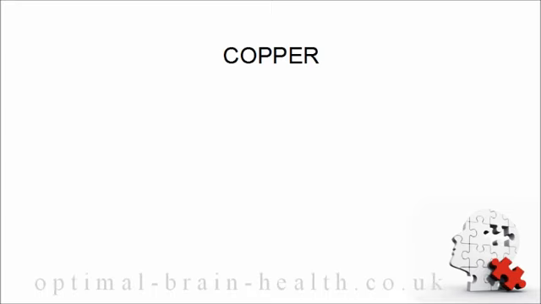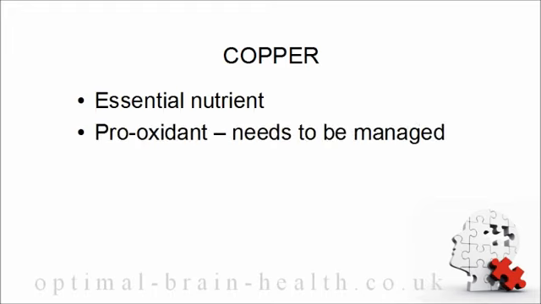Having touched on zinc, we need to have a look at copper as well, which, like zinc, is an essential nutrient, but one that carries certain liabilities with it, because copper is also pro-oxidant, meaning that it contributes to oxidative stress, and so it needs to be managed quite carefully by the body.